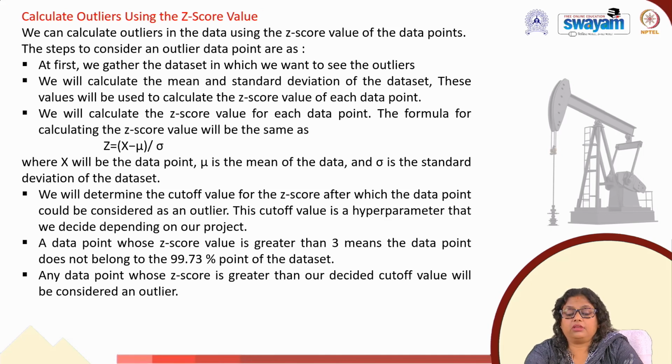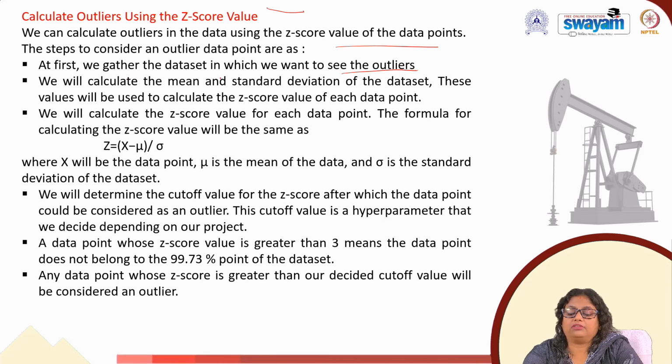Now we see how we are going to calculate outliers using the Z-score value. We can calculate outliers in the data using the Z-score value of the data points. These are the steps to identify an outlier point. First we gather the data set in which we want to see the outlier. First of all we should have data in which we want to check whether any outlier is present or not.